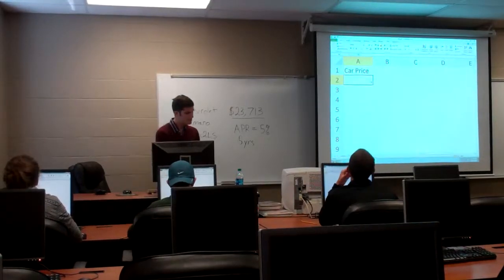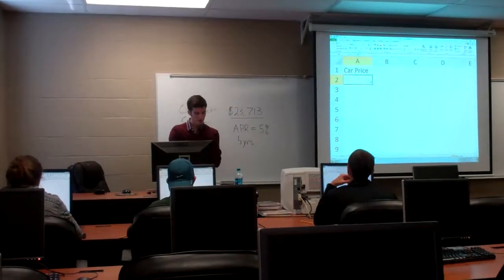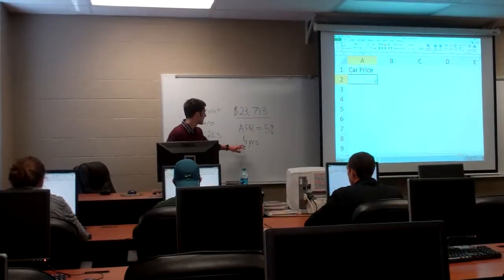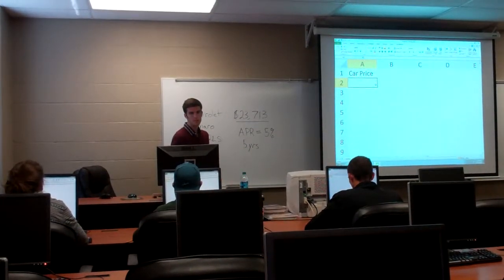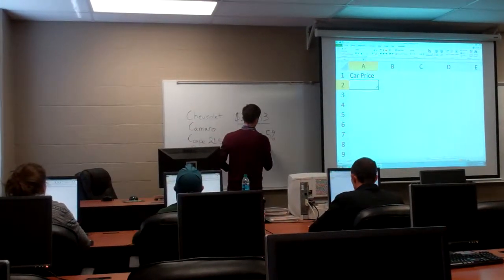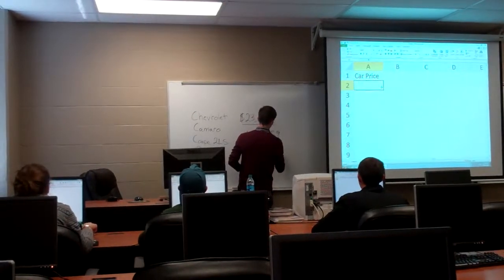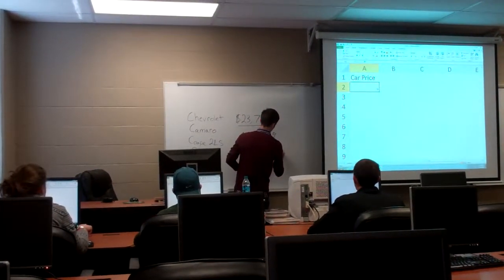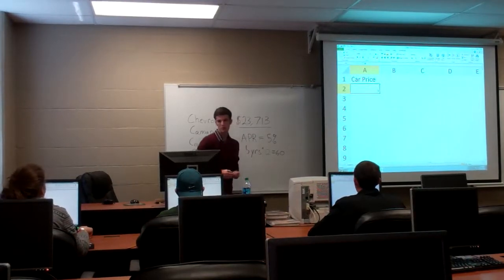So now in cell A2, go and enter in the number of months, which if we have 5 years, we want to times that by 12 to get 60. So that would be how many months that we'll have.